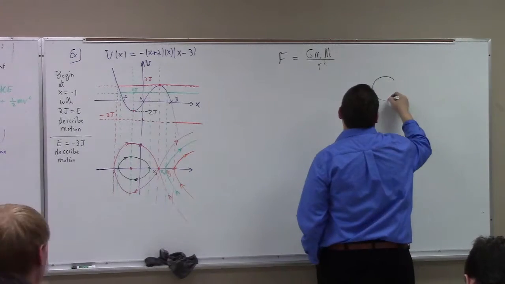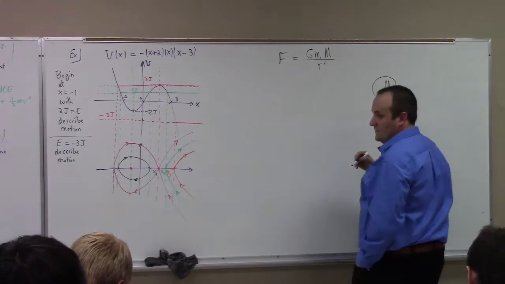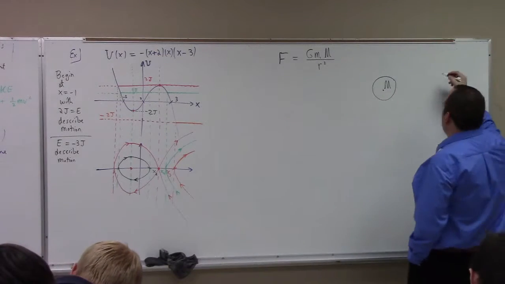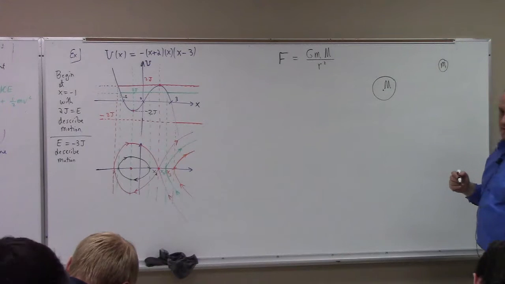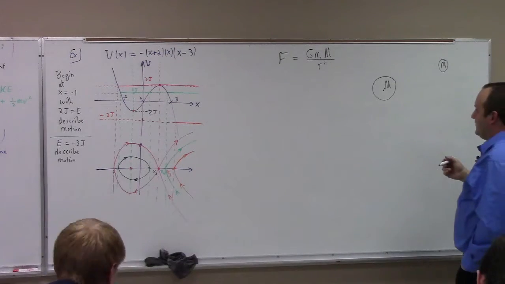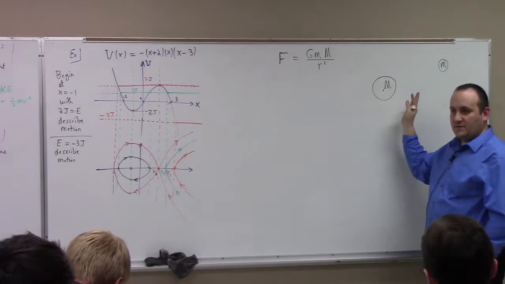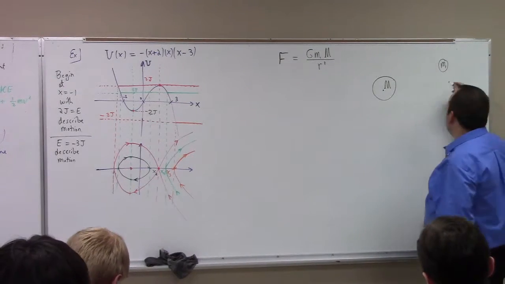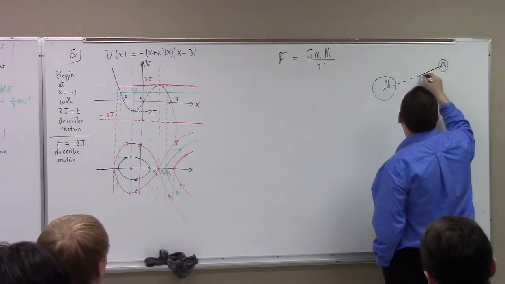Basically, you've got some big mass M stuck at the origin, and then there's something like a planet, m1, out here. The mass of the planet is way smaller than the mass of the sun, which makes this approximation valid, that the sun basically is unmoved at the center of the system.